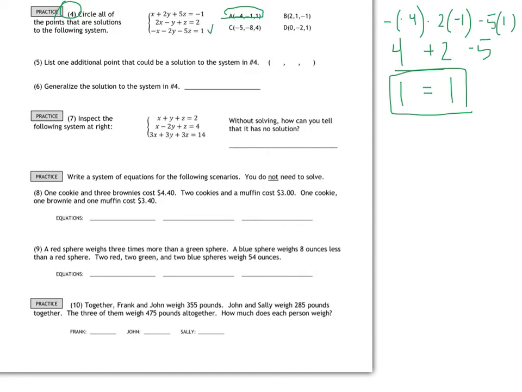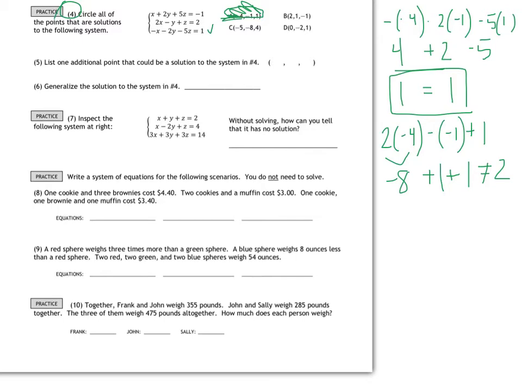We'll check the middle one and see if it works for that. 2 times negative 4 minus a negative 1 plus a 1. So this is negative 8 plus 1 plus 1, which is really not equal to 2. So it doesn't work for that one.